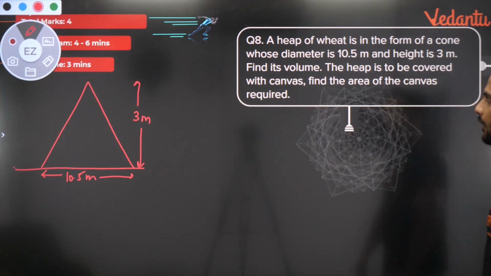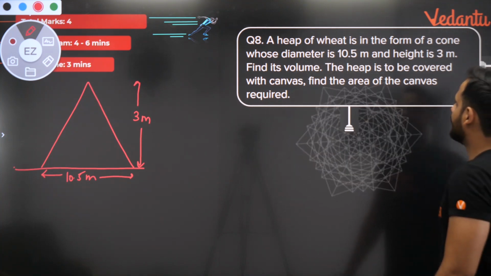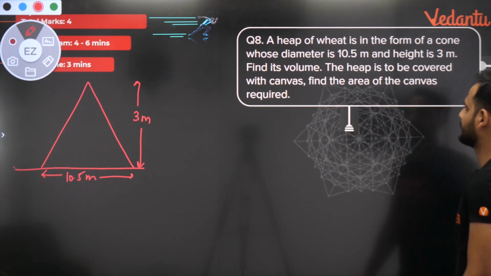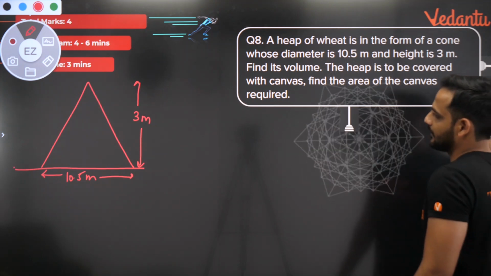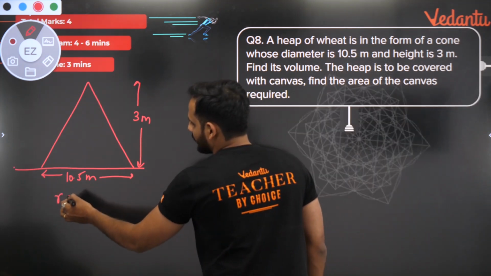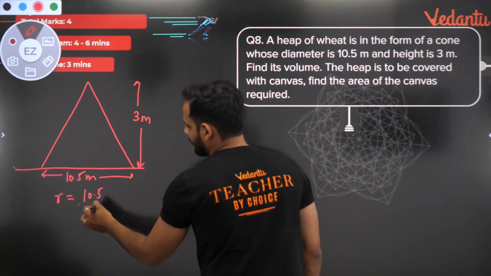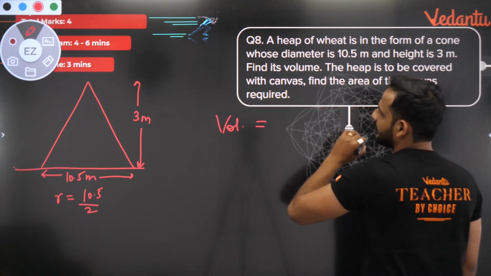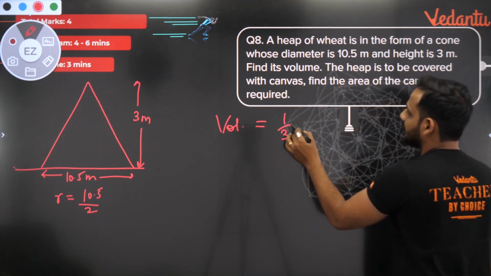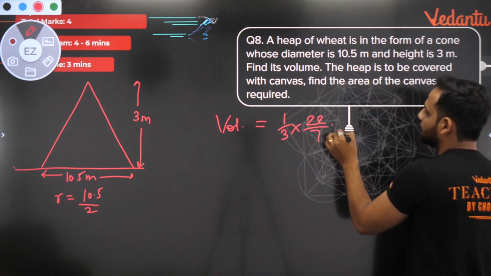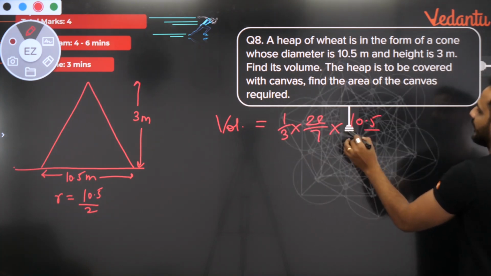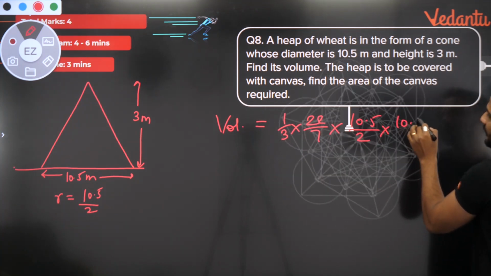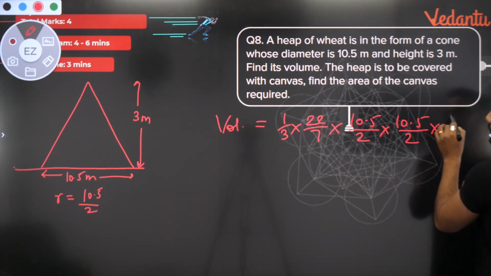Volume formula for a cone is 1 by 3 pi r square h. The heap is to be covered with canvas. Find the area of the canvas. So, bachcho, first thing I can say, radius is equal to 10.5 divided by 2. So the volume of wheat will be equal to 1 by 3 into pi into r square, so 10.5 by 2 into 10.5 by 2 into height 3.